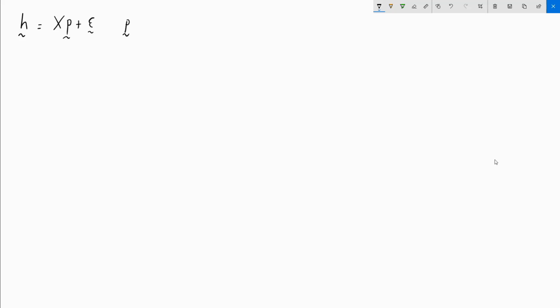We say that we estimate our parameters using this equation, where our Q matrix is our weight matrix, and then we can derive our covariance matrix of parameter error using this equation here.